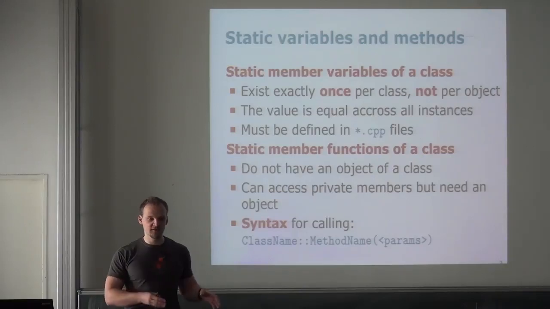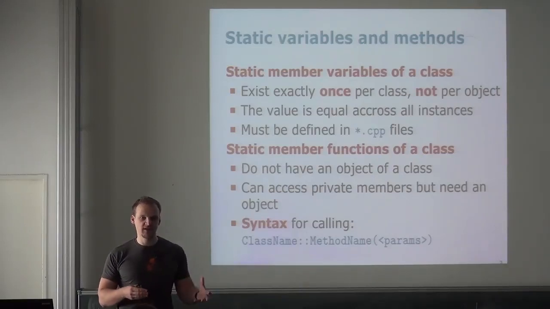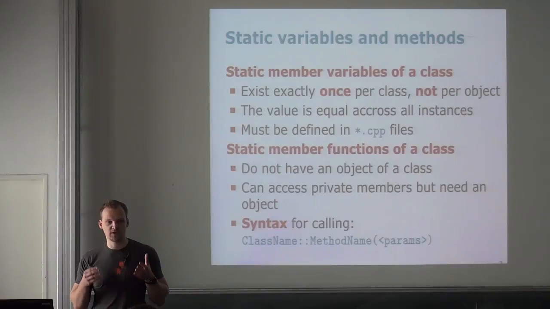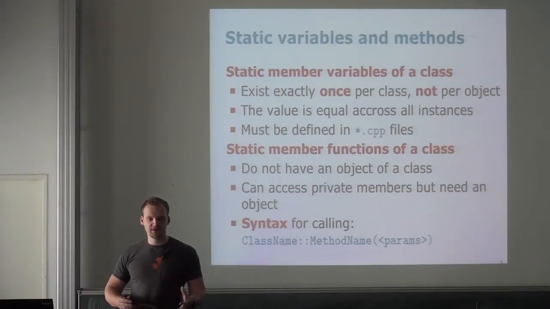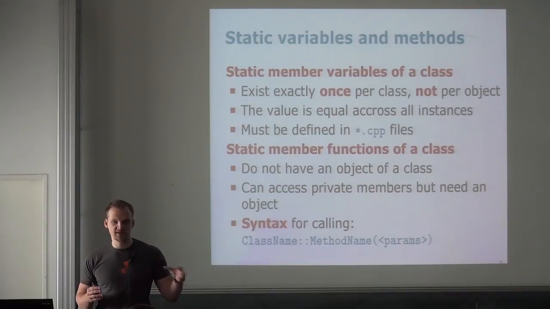If you declare this integer as static, it will exist exactly once per class, or per type, not per object. We're going to see it on examples, but if there is one thing about static, it means that in classes, it exists once per class.